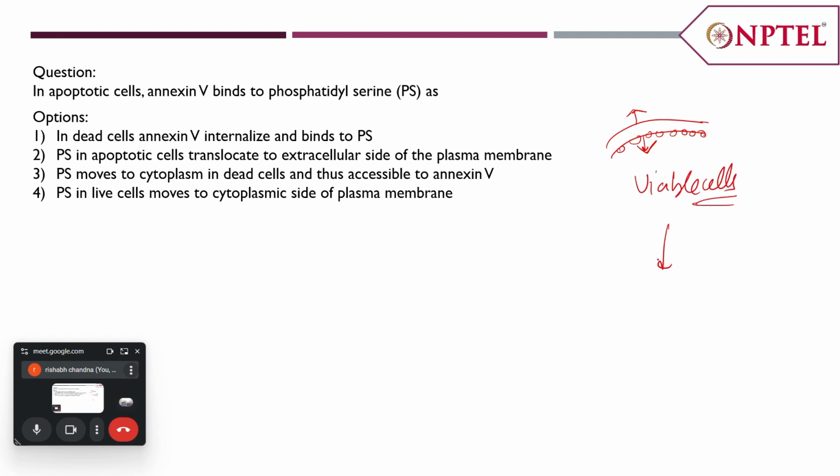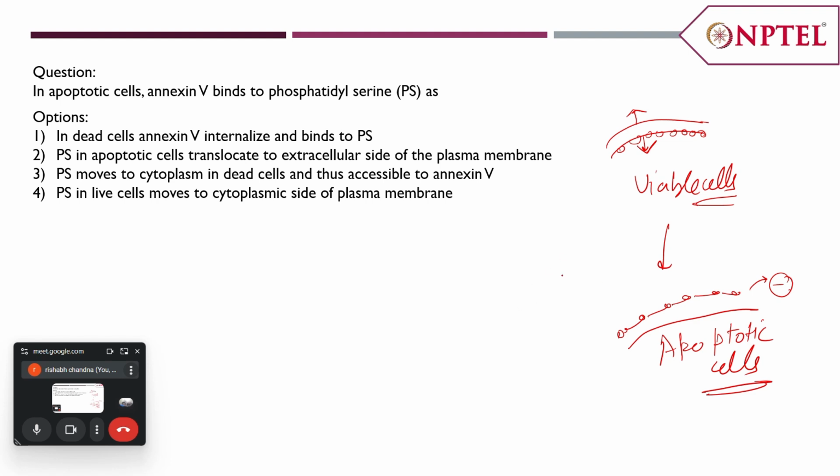In case of apoptotic cells, what happens? This phosphatidylserine basically shifts to the outer side. Okay, so this increases the negative charge on the outer leaflet of the plasma membrane. Okay, so this is the case with the apoptotic cells.